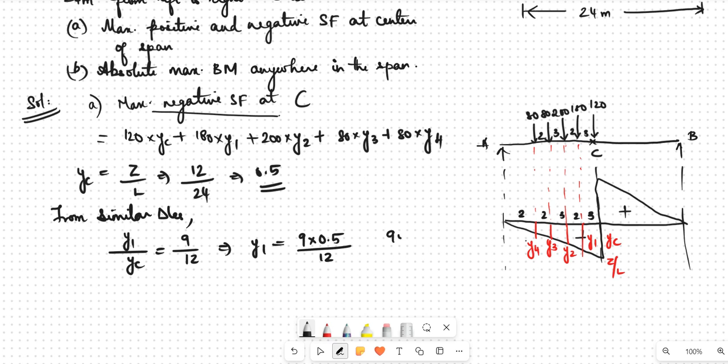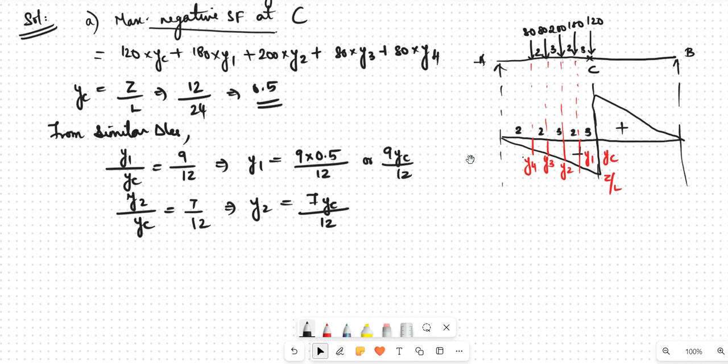Or you can keep it as 9 yc by 12, so that in the end you can take yc outside and then simplify. Similarly, second one, y2 by yc is equal to this divided by total. So till y2, the distance is 2, 4, 5, 6, 7. So 7 divided by 12, which gives you y2 is equal to 7 yc by 12.